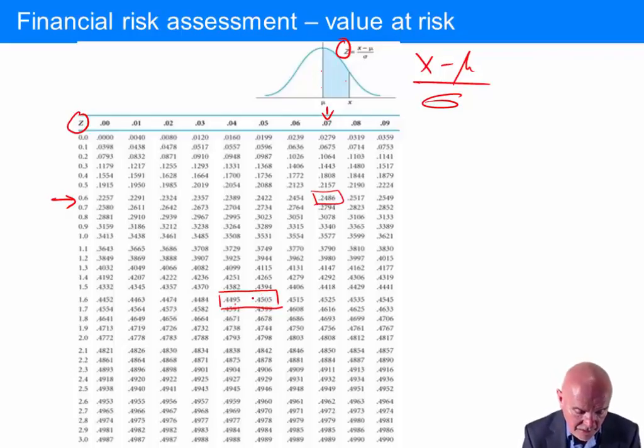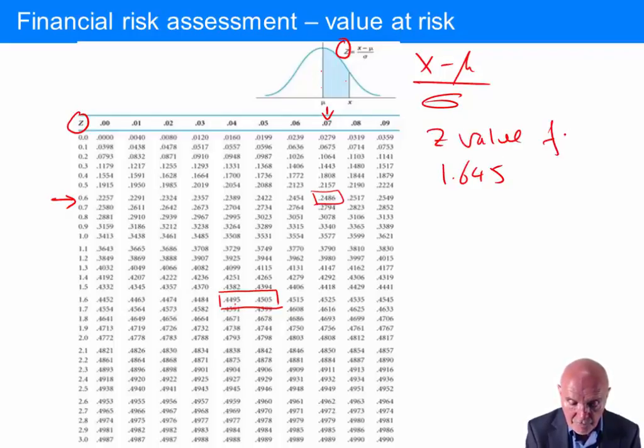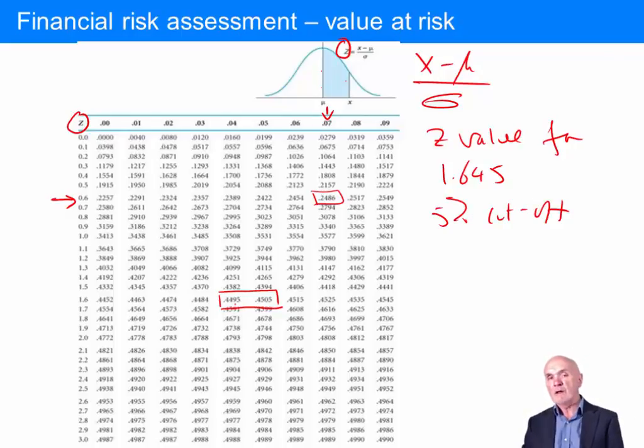And if you look back here, it's 1.64, 1.65, 1.645. So the Z value for, if you like, the 5% cutoff is 1.645.